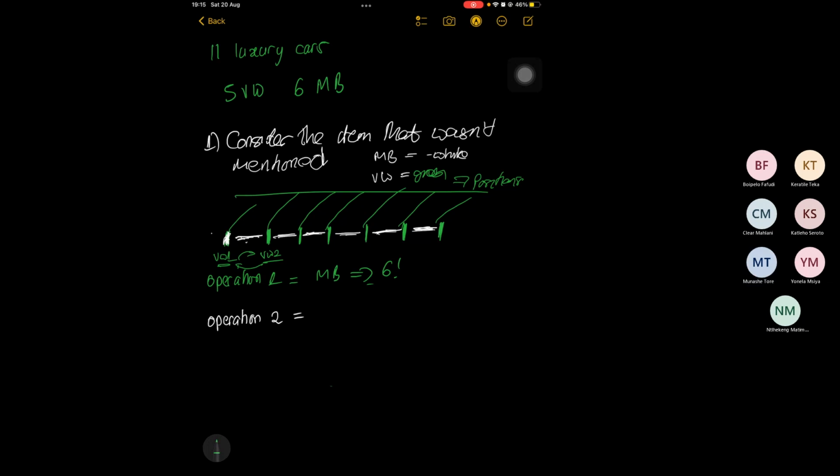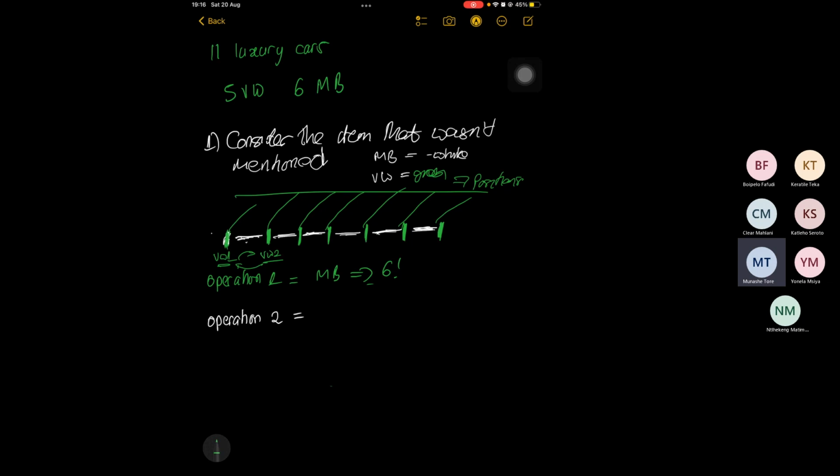It's fine also because it's being sandwiched by 2 whites, which are the Mercedes. So you have 1, 2, 3, 4, 5, 6, 7 possible positions that the VW can occupy. That's what you have now. So you already know that you have 7.